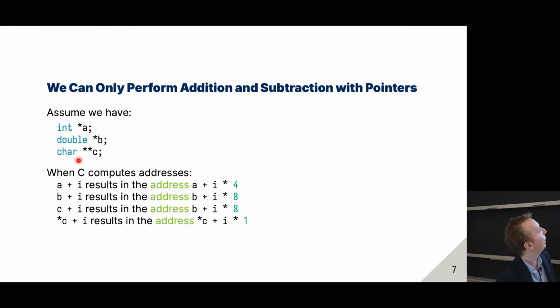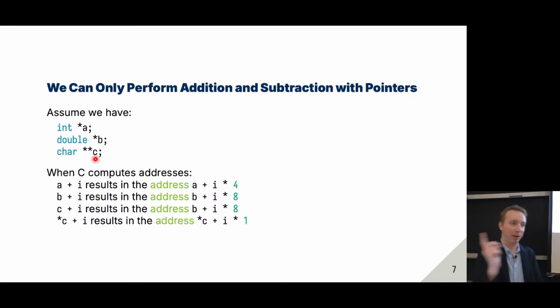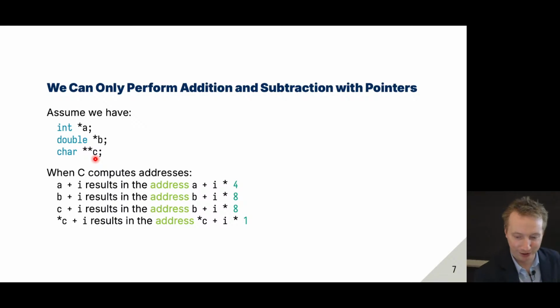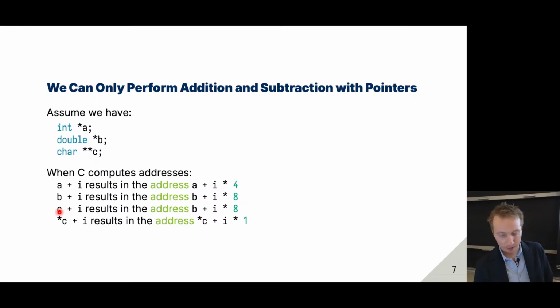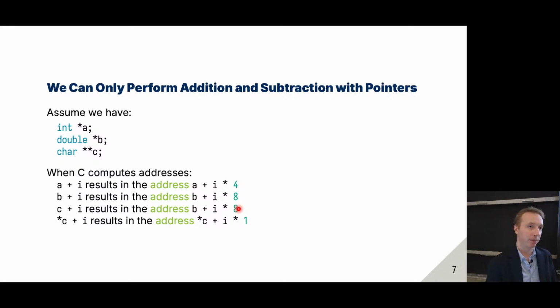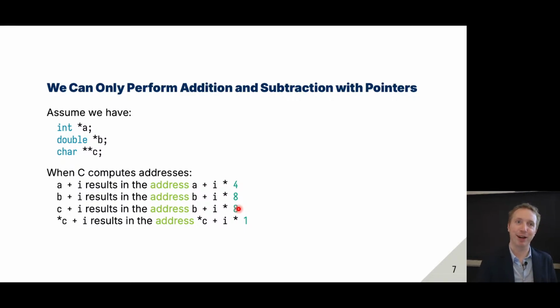If we have something even weirder, where we have char star star, a pointer to a char pointer, then c plus I will result in, whoops, that's a typo here, c plus I times 8, because that pointer is pointing to a pointer, and the size of a pointer, which is just an address, is always going to be 8 bytes.